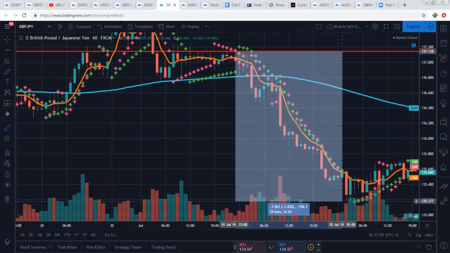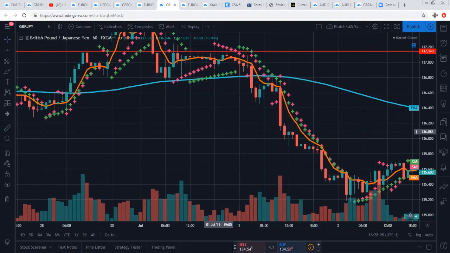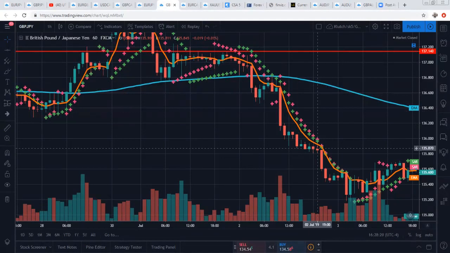And the last time, this time right here, a 195, 196 pip drop. Still off that same line, 137.140. And you had the 4-50 cross, which was more confirmation to get in there and bang it away.